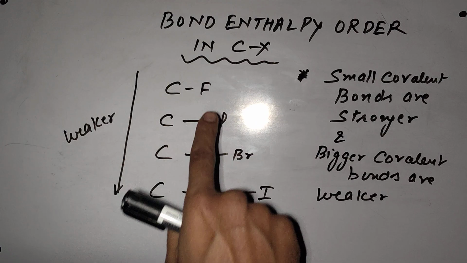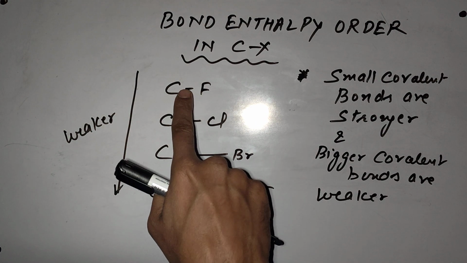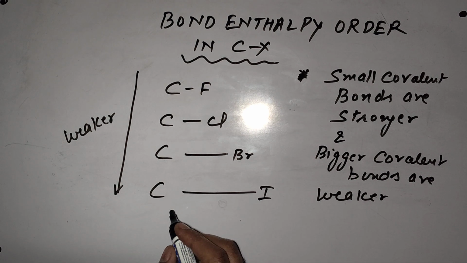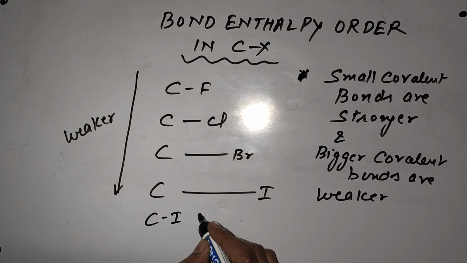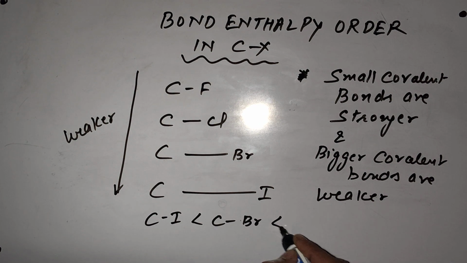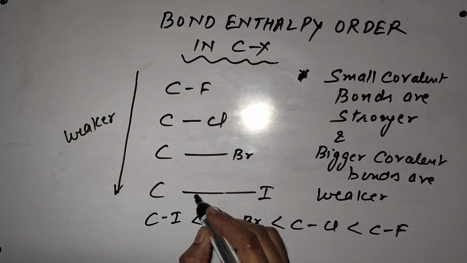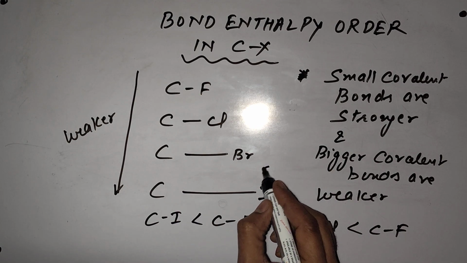So obviously, we need large bond enthalpy to break the stronger bond and less bond enthalpy to break the weaker bond. If we write the bond enthalpy order of these 4 C-X bonds in increasing order, the C-F bond will have the highest bond enthalpy and the C-I bond will have the least, because to break the C-I bond we require less energy.